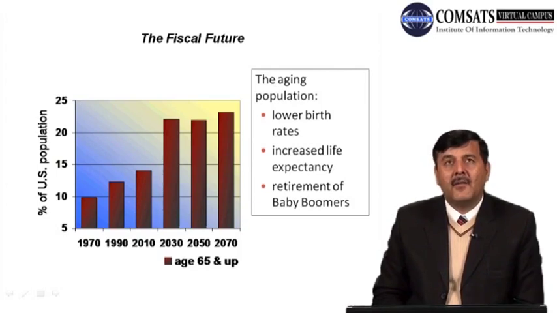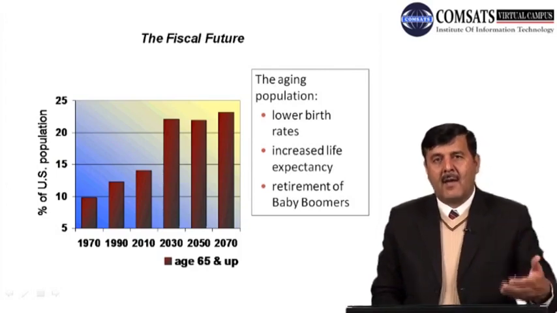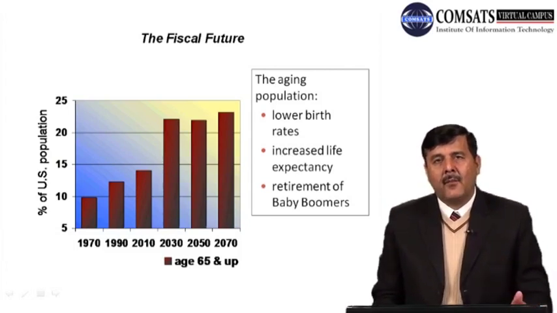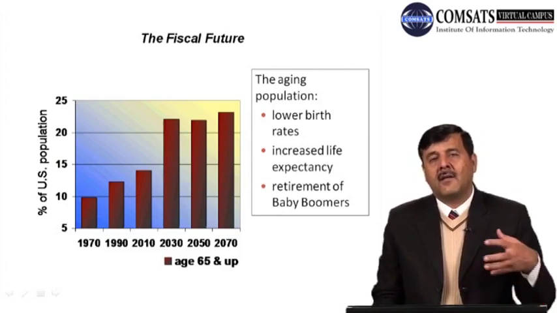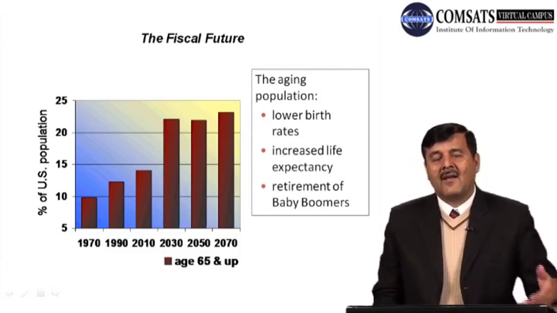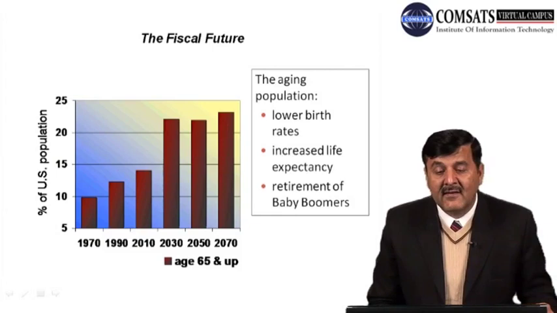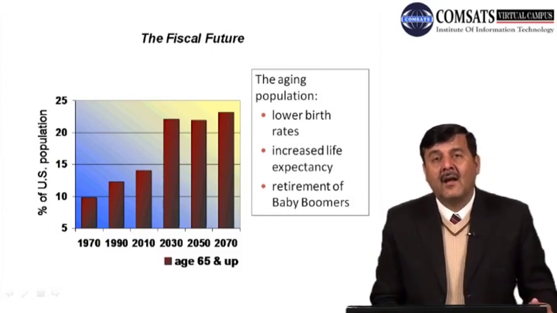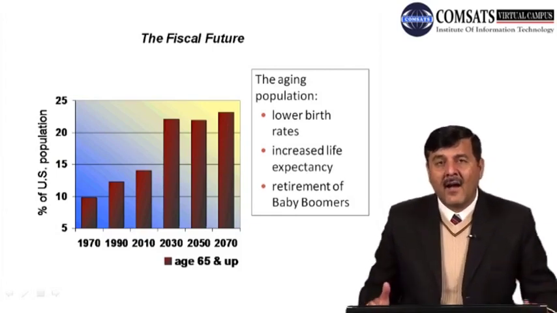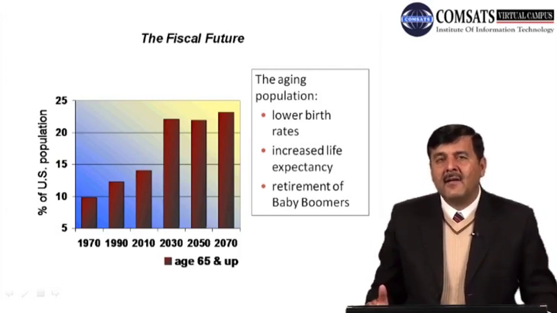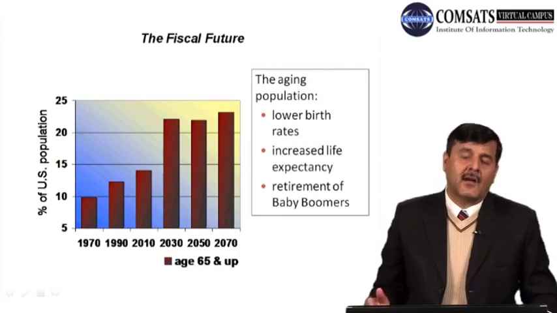Now the aging population, what is the objective of this graph? I want to show you the aging population, 60 and above, 65 and above, because of lower birth rates, increased life expectancy, and retirement of baby boomers. These are some of the main causes of the increase in budget deficit and the increase in government debt of the US economy.